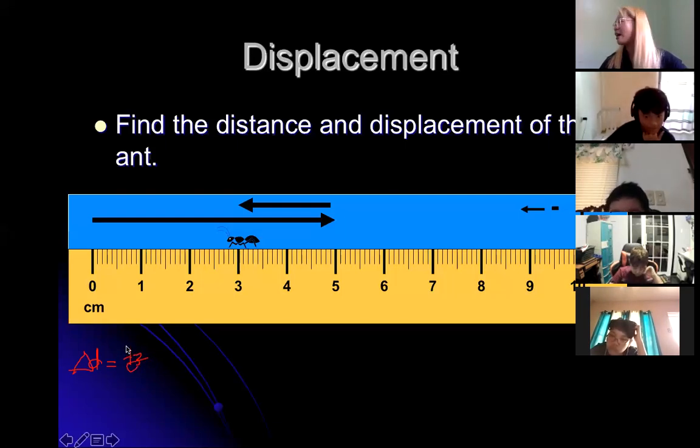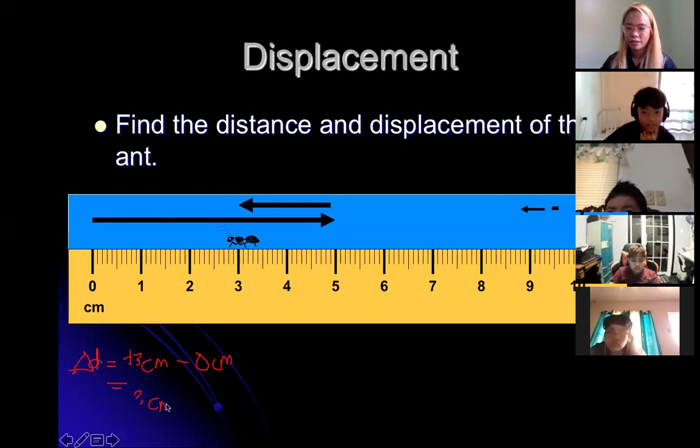Ay! Nasaan ba yung aking ballpen? Positive 3 centimeters minus, what's the initial measurement? Saan tayo nagsimula? Sa 0. Okay, 0 centimeters. Therefore, our displacement is 3 centimeters.